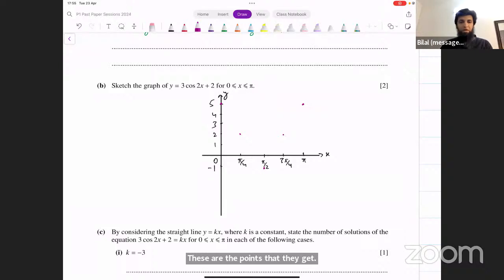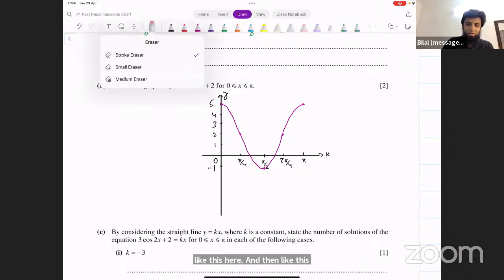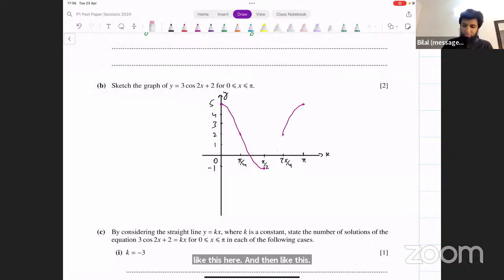Now, if you remember the shape, you can draw the graph. Once you have these values, you would know that the cos graph is going to look like this. It will go like this here, and then go like this. And then on the other side as well, it will be something like this here, and then like this. This is what the cos graph is going to look like.